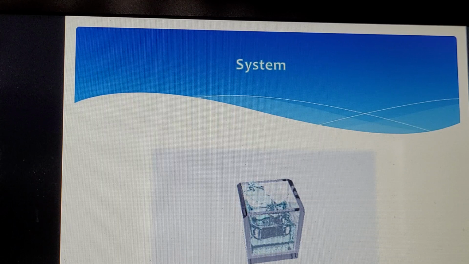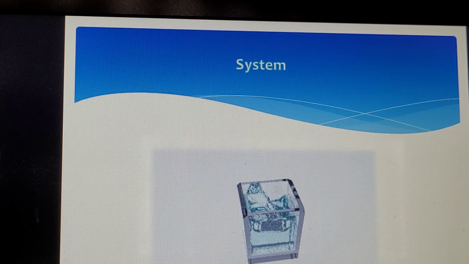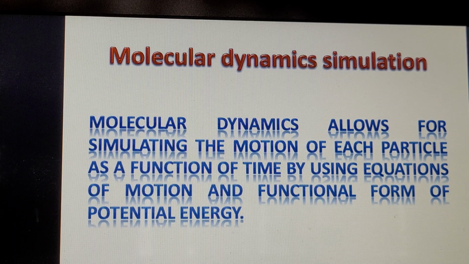Not just a fluid, you can even consider your system as some molecules which are in interaction with each other, like a gas. So, molecular dynamics simulation.